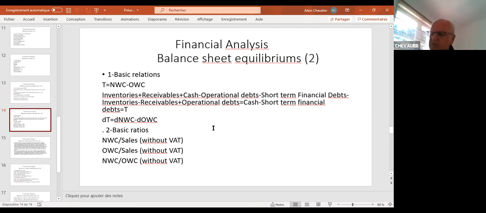Remember also, I said a few words about some specific industries, in particular in the distribution activities, economic sector, you will find negative operating working capital. Modern distribution is generally the example which is given.